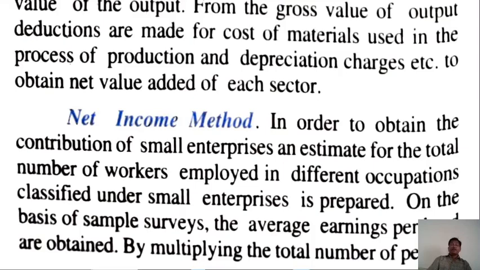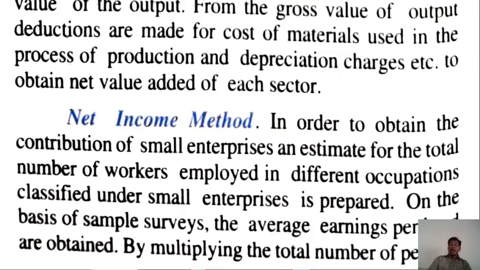In order to obtain the contribution of small enterprises, an estimate of the total number of workers employed in different occupations classified under small enterprises is prepared on the basis of a sample survey.